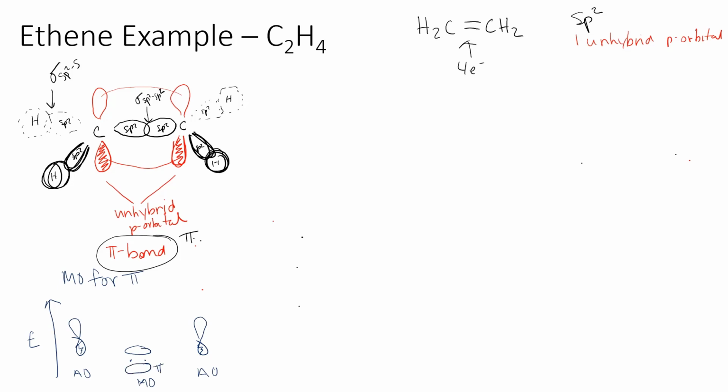So this is my pi molecular orbital. Notice it is still a bonding pi molecular orbital because the electron density is still overlapping. We still see electron density between the nuclei. It's just not on the internuclear axis. It's above it and it's below it. So this would be our bonding pi molecular orbital coming from those p orbitals.